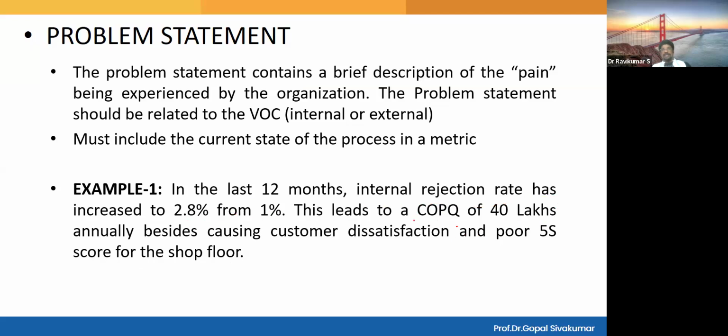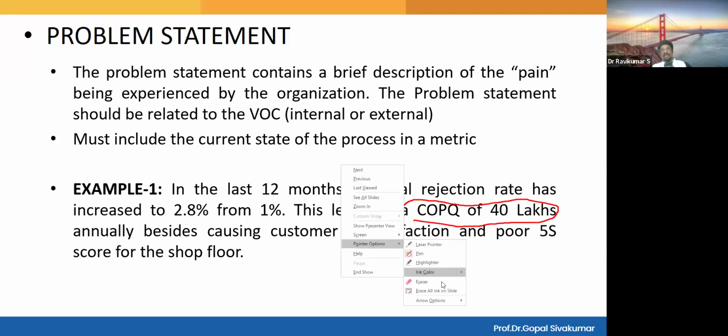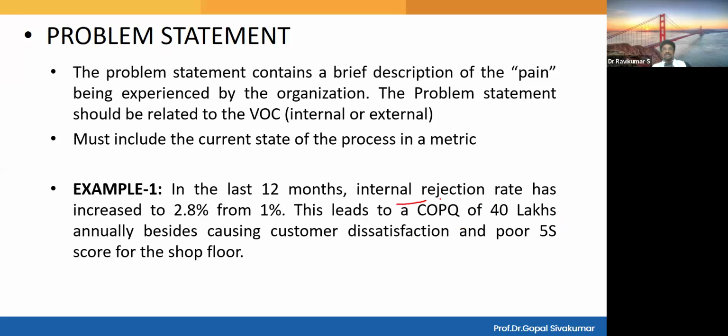The important thing is the organization is losing 40 lakhs annually. We have to look into that seriously, because 40 lakhs is not simple money. It's large money. So this reflects the pain which the stakeholders are facing. Their profit is getting eliminated. 40 lakhs of their profit is getting swallowed by the rejections. So this explains the pain.